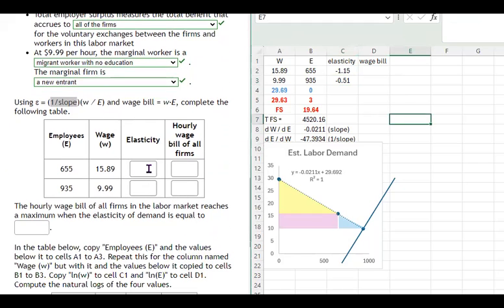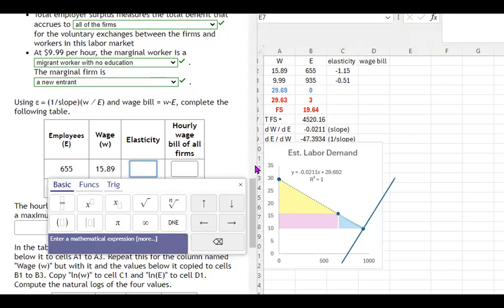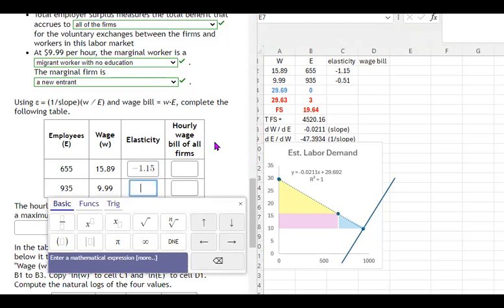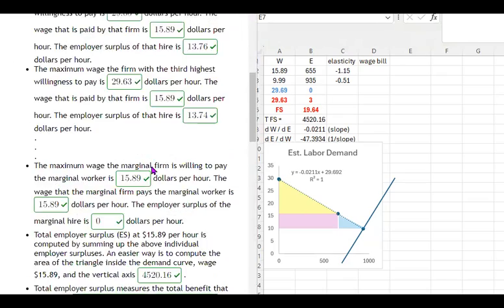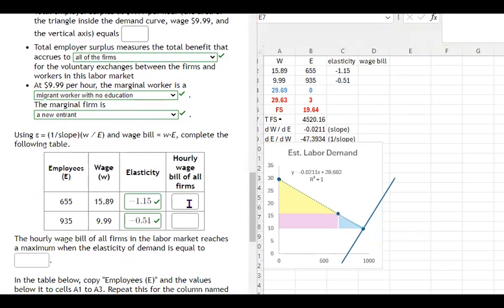So our elasticity is initially negative 1.15, and then it ends up being negative 0.51. The wage bill is just simply the wage times the employment level.